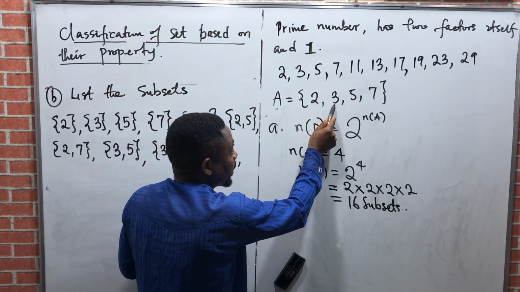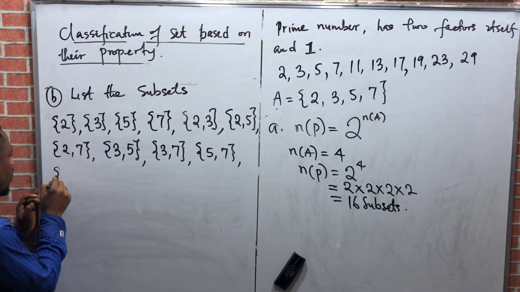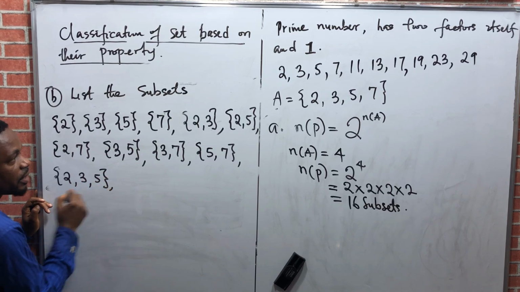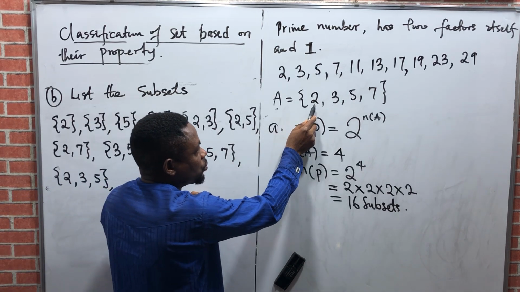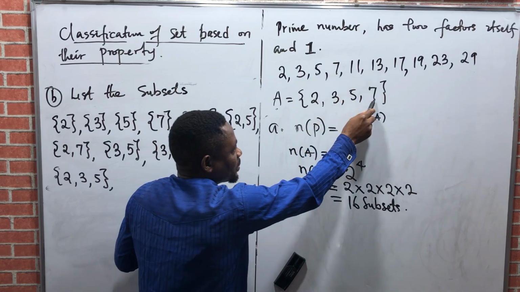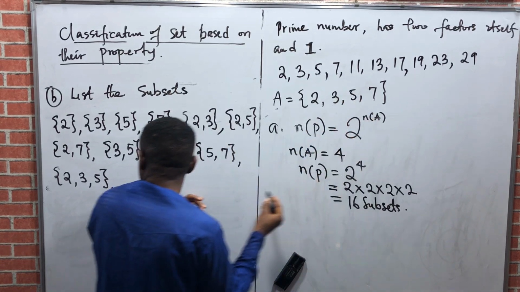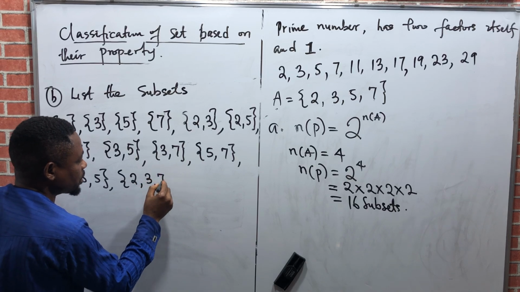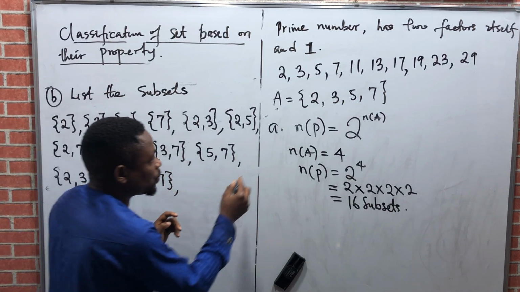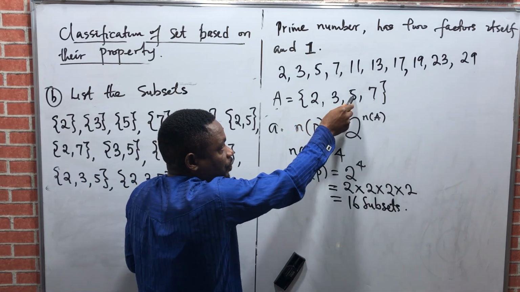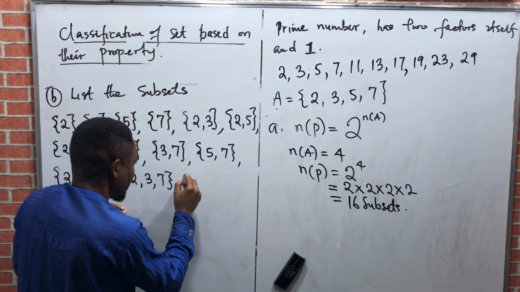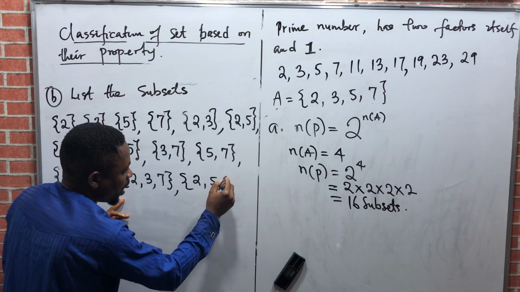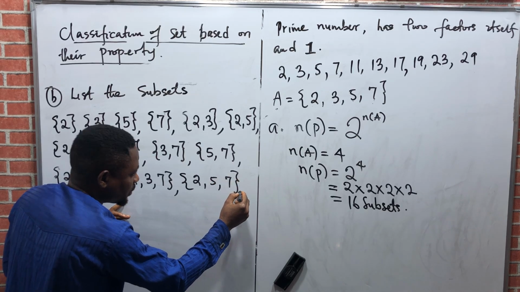I'll have 2, comma, 3, comma, 5. I will still have 2, comma, 3, comma, 7. Finally, 2, comma, 5, comma, 7. Can you see none of them is repeated?